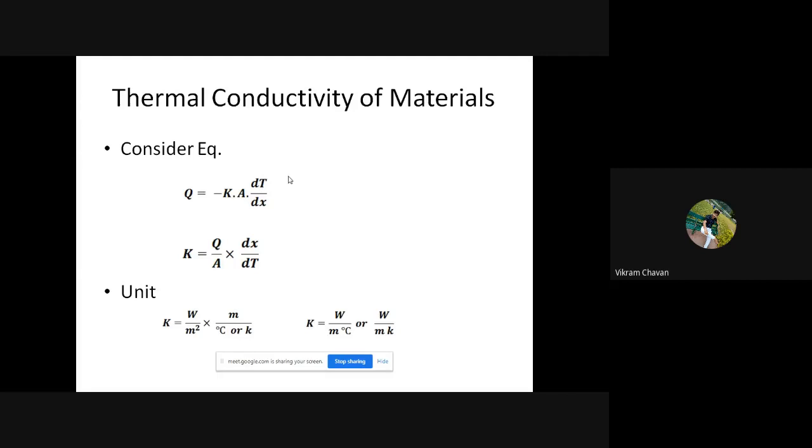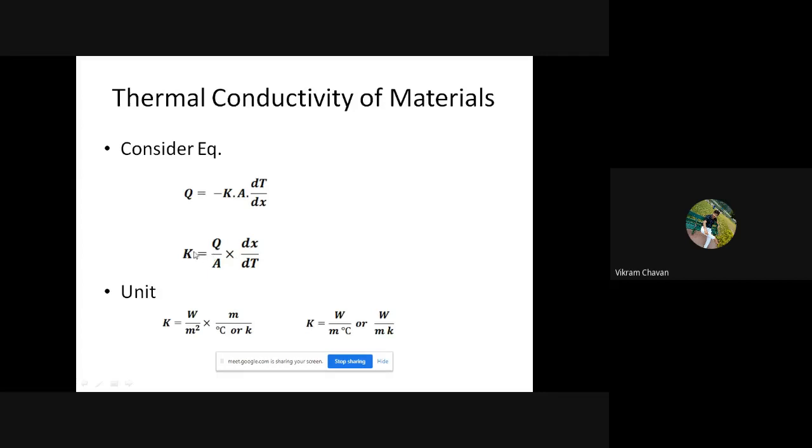To absorb this negative sign, we provided one extra negative sign, and that is the significance of this negative sign. Now in this equation there is no minus sign, because we have considered that the negative sign is absorbed in the dT terminology, so here there is no negative sign.